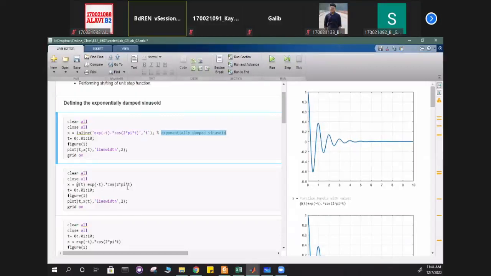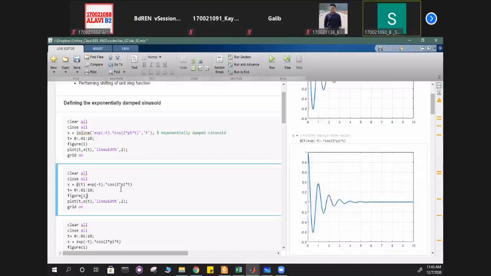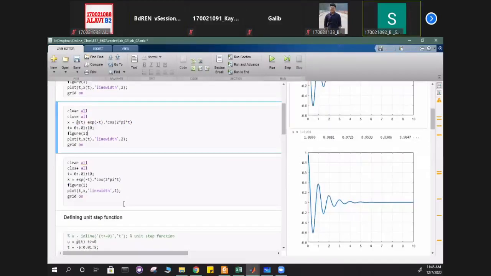But the variable here is t. Let us say you have 100 values, a row vector of 100 values, and also 100 values of cos 2πt. To get x for that t, we need to do element-wise multiplication. Matrix multiplication will not work here. Is it clear? Yes, sir. Although it is easy, you should try to get the things.